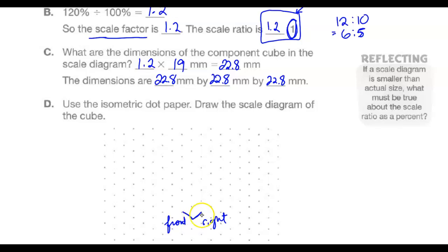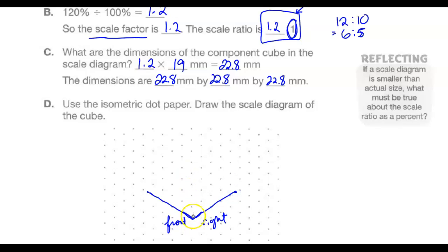So typically these are in half a centimeter or centimeter lengths. So if we went half a centimeter, so 5 millimeters, we would need to go 5, 10, 15, 20, 22.8, which is almost 23. So pretty close there. So 10, 20, a little bit more, about there.